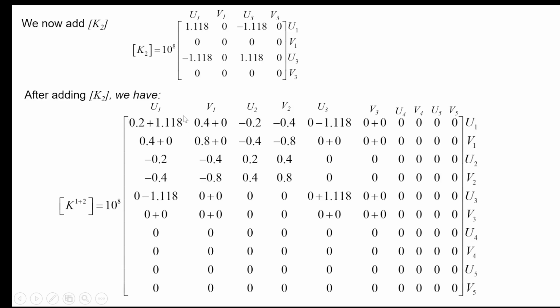The same thing for this position. For a position where there was nothing from the stiffness matrix of member 1, we only place that of member 2. And by so doing, all the components of the stiffness matrix of member 2 are now placed in this assembled stiffness matrix.